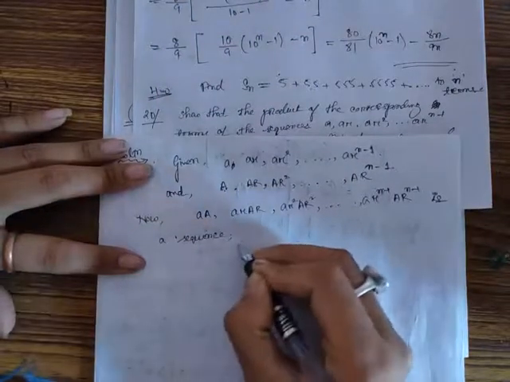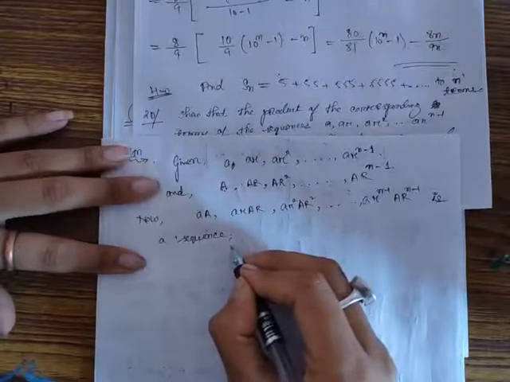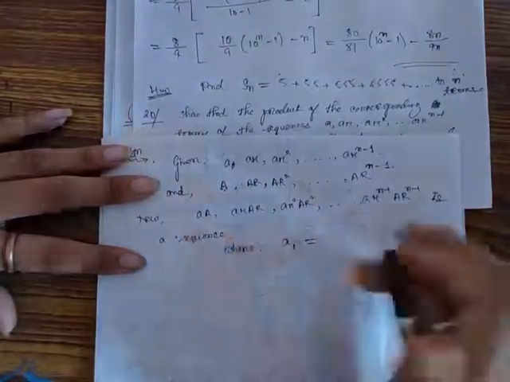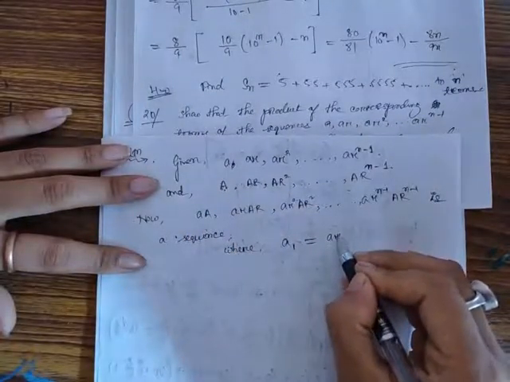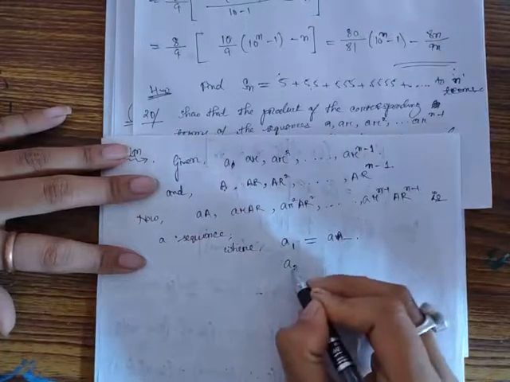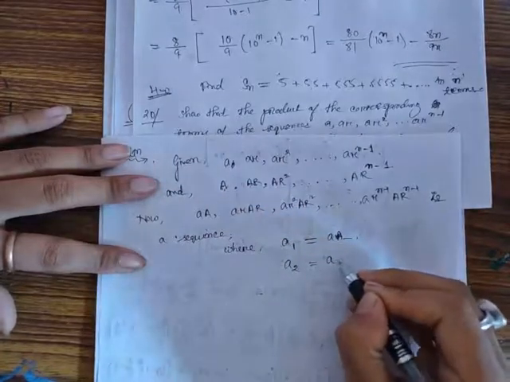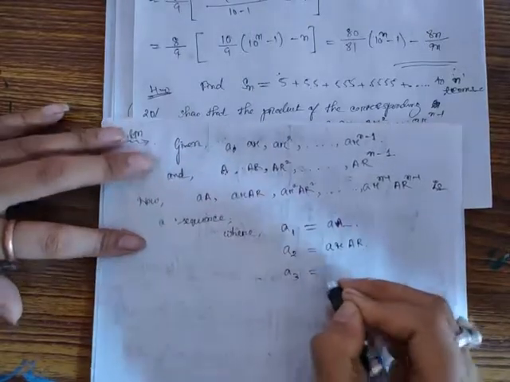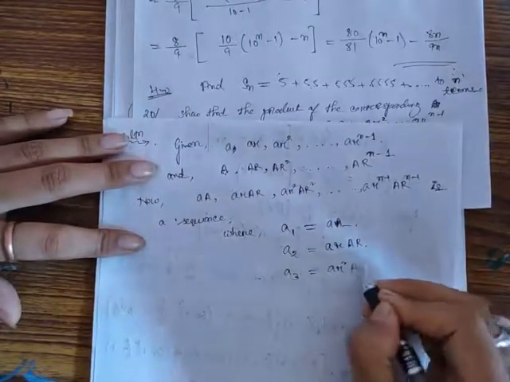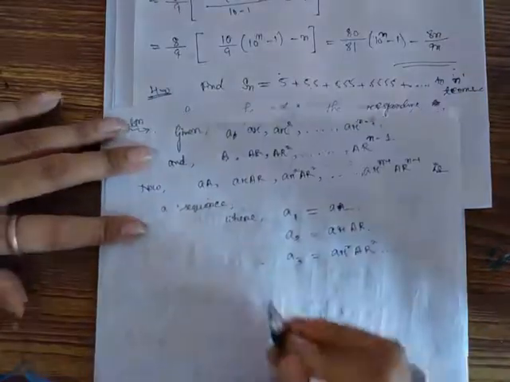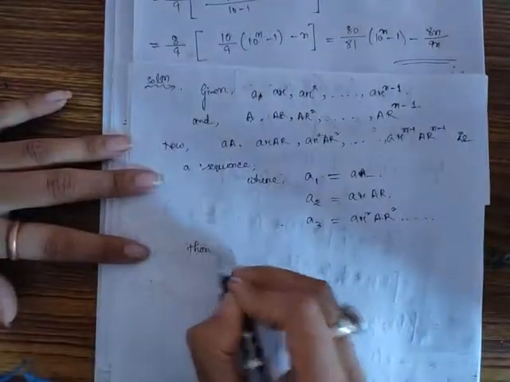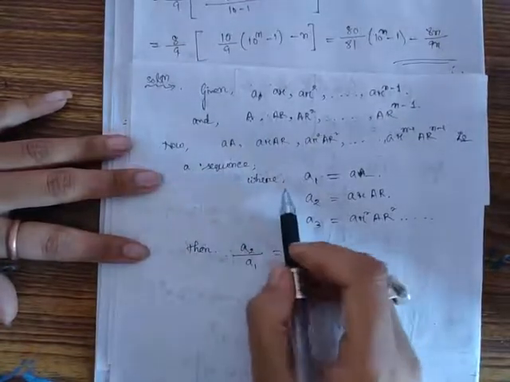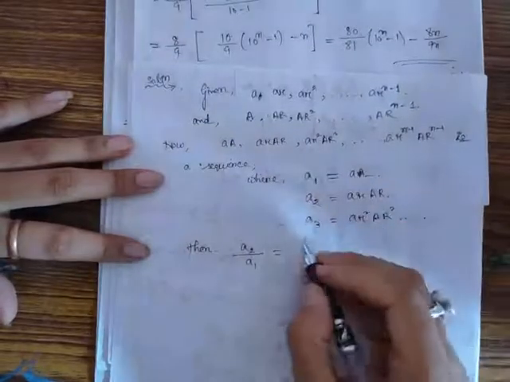it is a sequence where a1, the first term, is A, the second term is AR, capital AR, the third term is A R square, and it goes on in this way. Then the ratio of the second term by first term of this sequence is what?